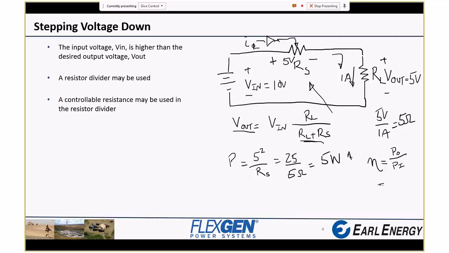And in this example, it's 5 watts over 10 watts, because 5 watts is delivered here, another 5 watts is delivered here, so that all came from the battery. So 5 watts goes to the load while 10 watts were delivered by the battery. That is an efficiency of 50% and is unacceptable in most applications.